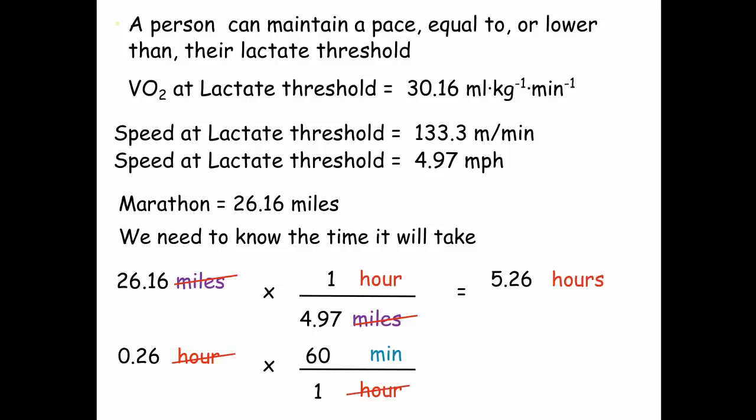The units cancel out, and we're going to get our answer in minutes. So 0.26 times 60 gives you 16 minutes. So our final answer in terms of how long it's going to take Bernie to run a marathon will be 5 hours and 16 minutes.